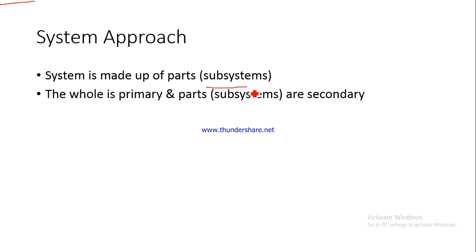The whole is primary and the parts are secondary. Now what is more important, whether the system is important or the subsystem is important? The whole is primary, the system is important, the subsystem exists so that the system can perform its function. So the subsystems are not important. What is important is the system, the whole, while the parts are not very important.